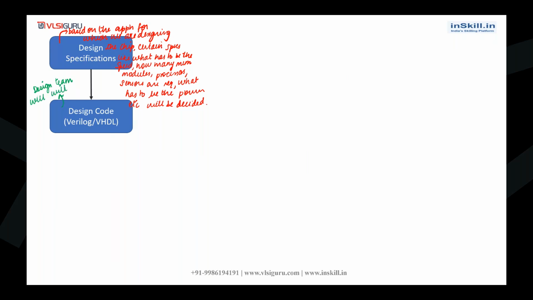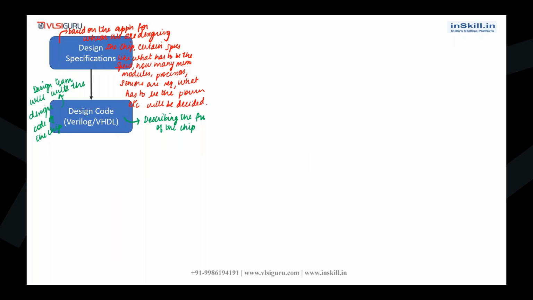They are actually describing the functionality of the chip.